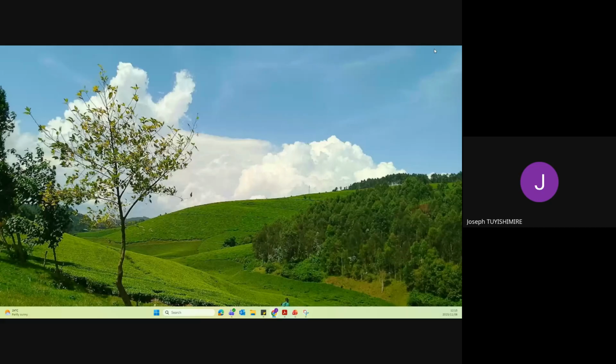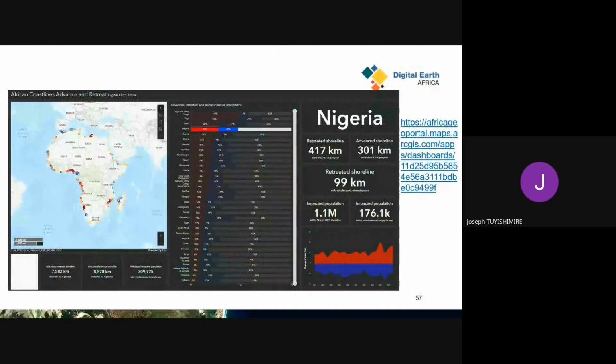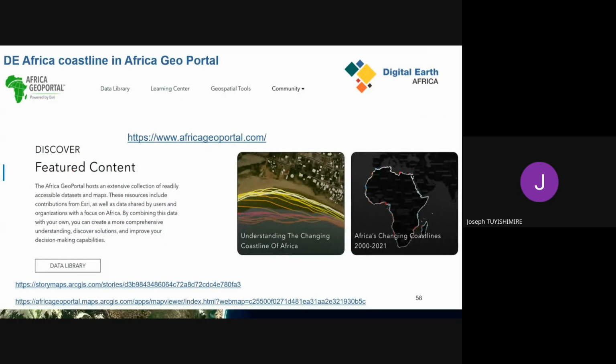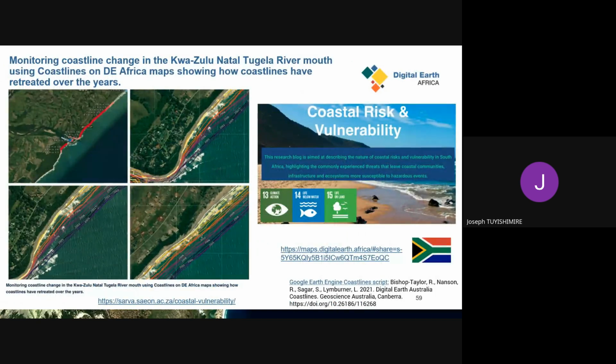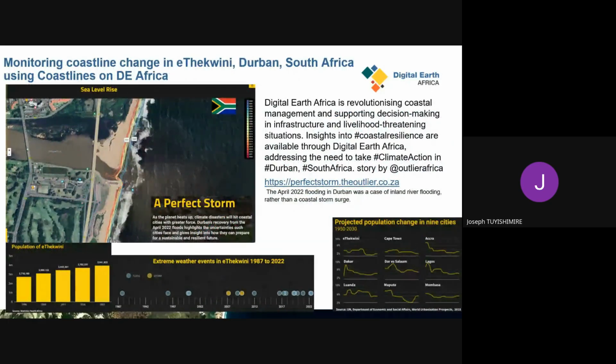If you go back to our presentation, we can access it via the Africa Geoportal in collaboration with S3. Please feel free to log in at africageoportal.com, and there are also a lot of applications like this one in South Africa that produce coastal vulnerability maps that inform the management of coastal erosion in the area.